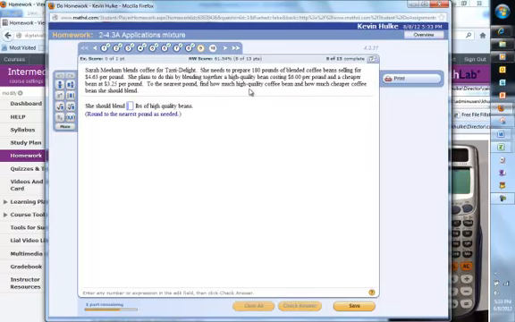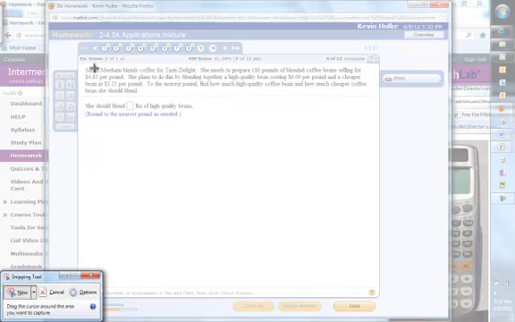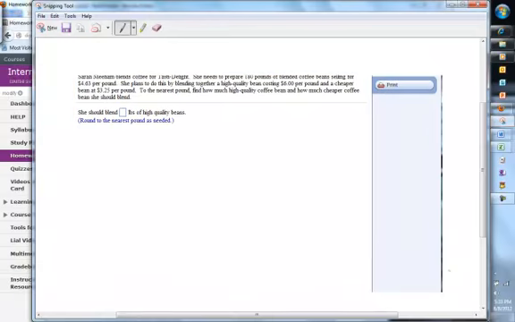Number 9. Sarah Mee blends coffee for Tasty Delight.